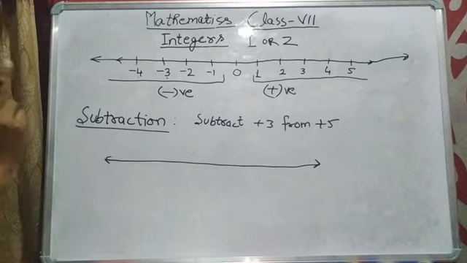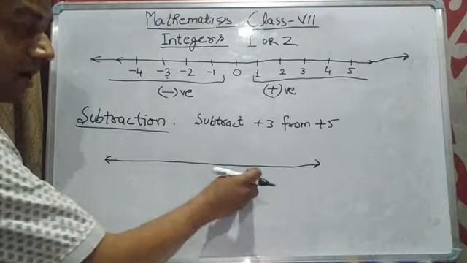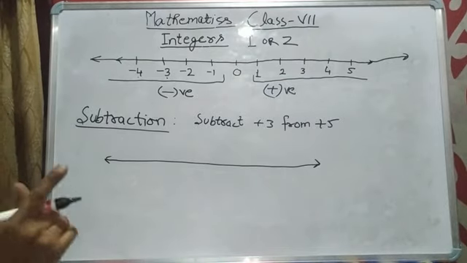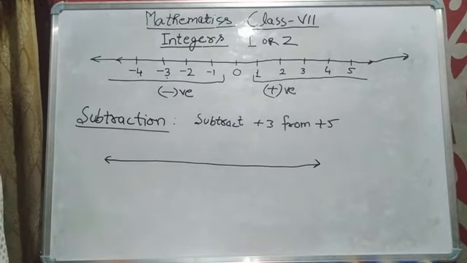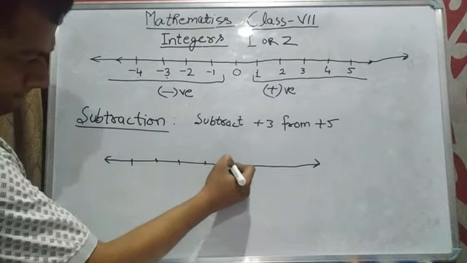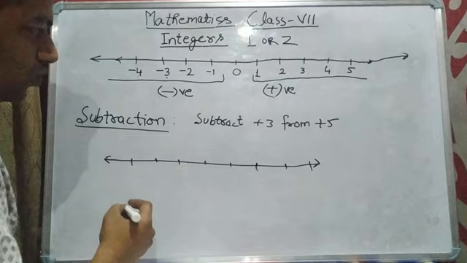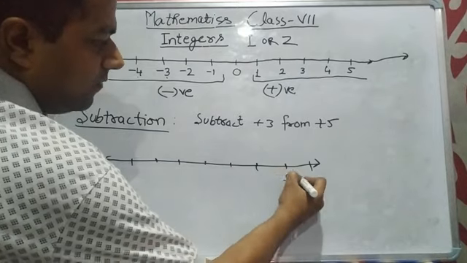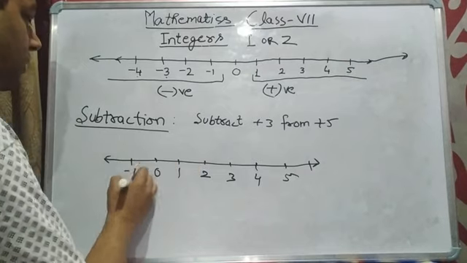Keep remember, for each question you have to draw a different number line with equal space, and we are to draw using pencil and scale. No student is allowed to draw using pen. I am trying to give the equal space. Now we start from 5, 4, 3, 2, 1, 0, minus 1.